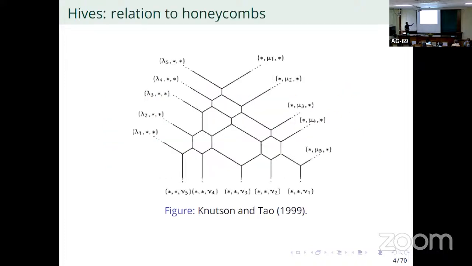In the original works, they actually work more with honeycombs, and I want to describe this object as well, although we won't work with it, because I think it gives a feel for the surfaces. These concave surfaces have slopes at any triangle, and if you just draw points in the plane corresponding to the slopes of those concave surfaces.